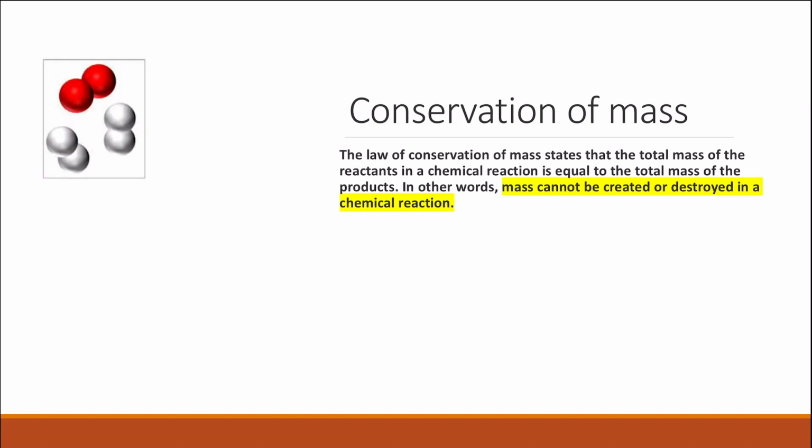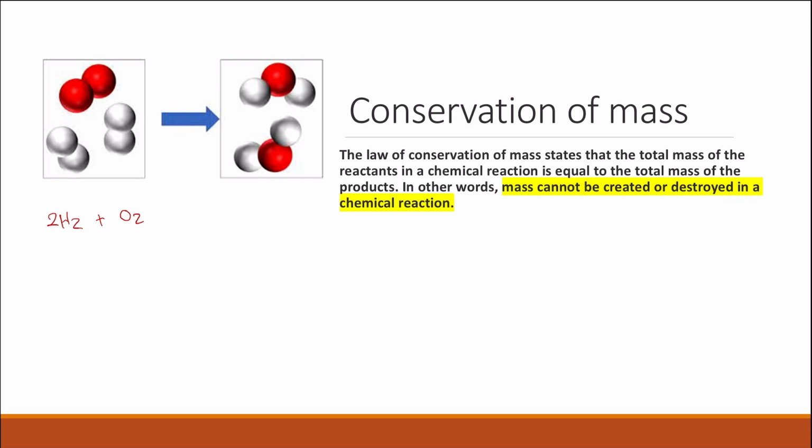So let's have an example. If you have these two different elements in a reaction, let's say this is hydrogen and oxygen. The hydrogens here are the white balls and the oxygens are the red ones. So you have two hydrogens and oxygen reacting together.